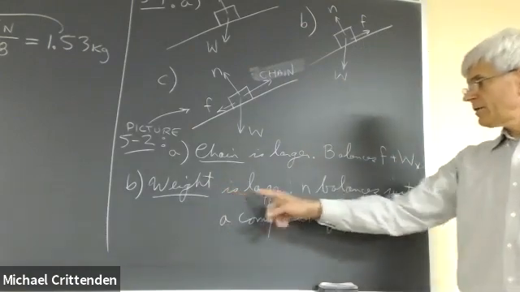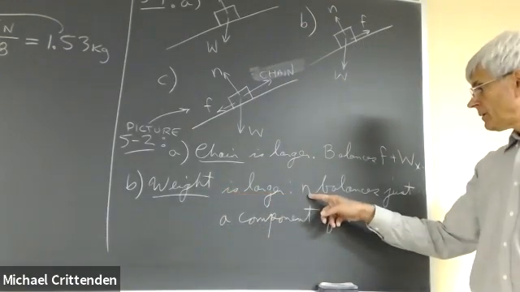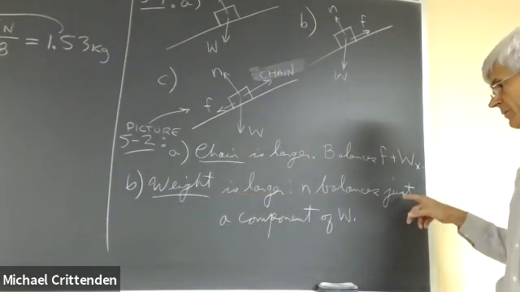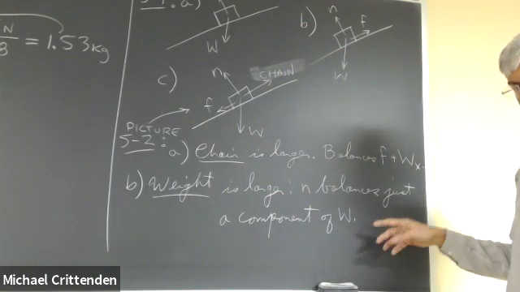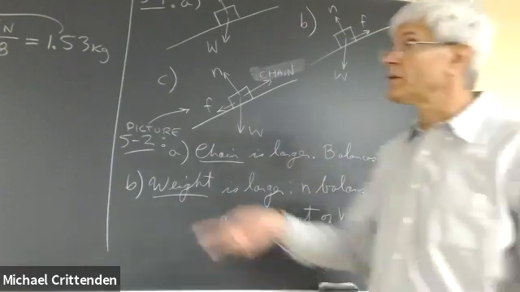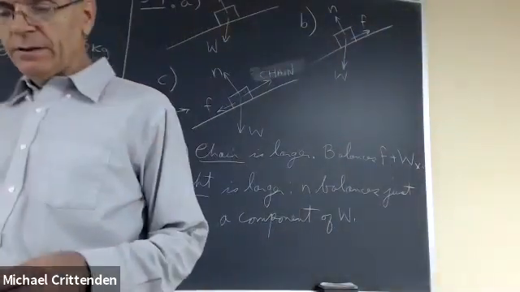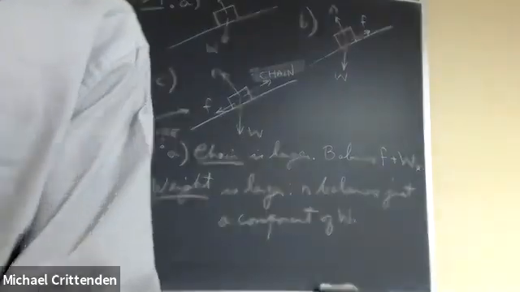So the weight is larger. The normal force balances just a component of W cosine theta, to be precise, as you could see back over there in that other example.